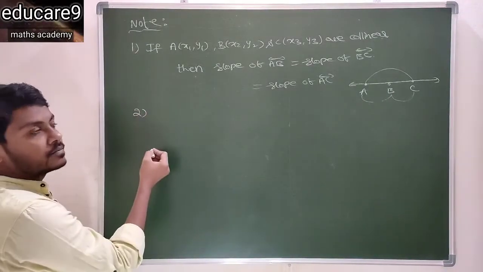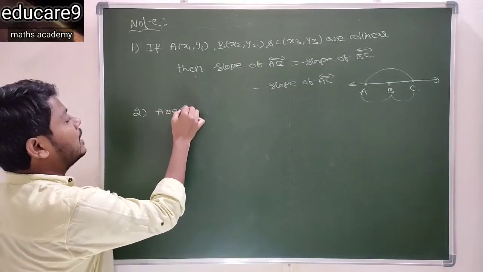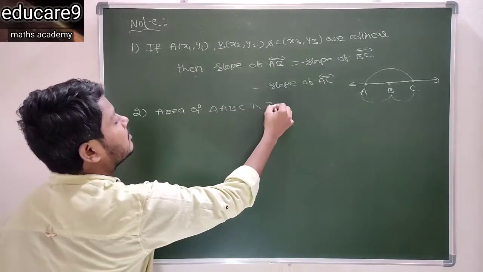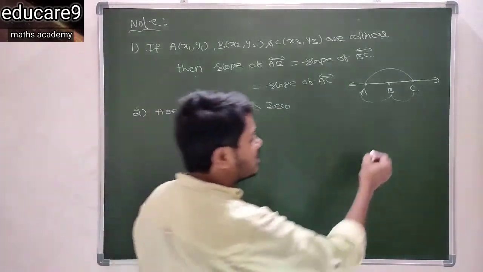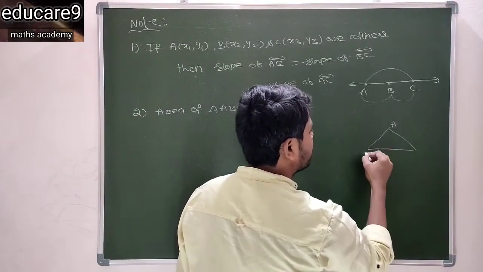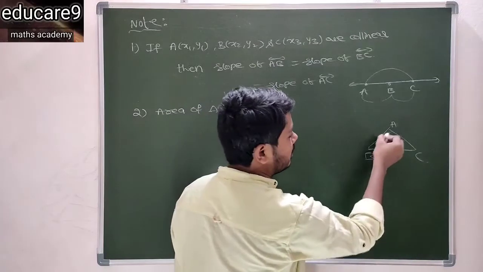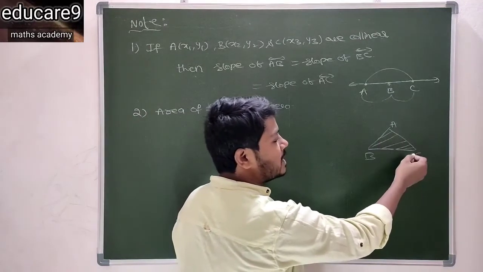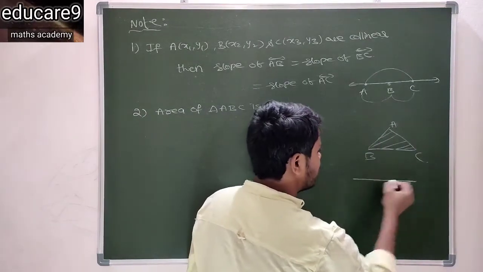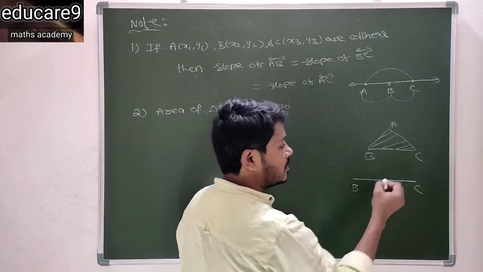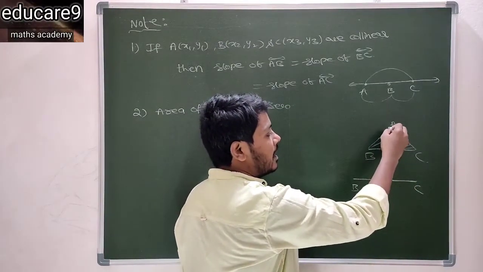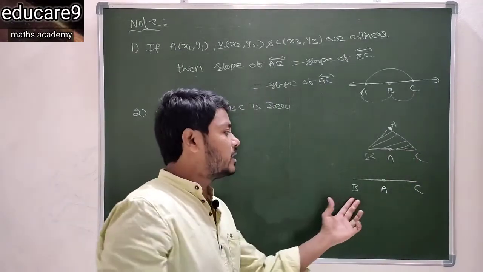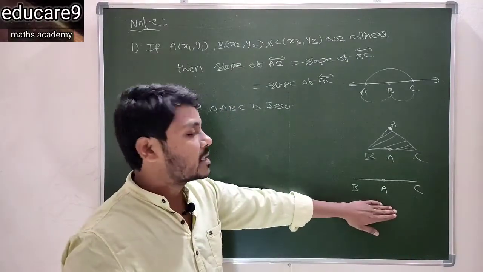Now second one. So clearly the area of triangle ABC is 0. Okay. See here, this is the triangle ABC. This triangle occupies this area. If the area is 0, it means AB lies on BC and AC lies on BC. So like this, this is BC and this is A. So clearly A lies on BC. So clearly three points lie on the same line. So three points are collinear.